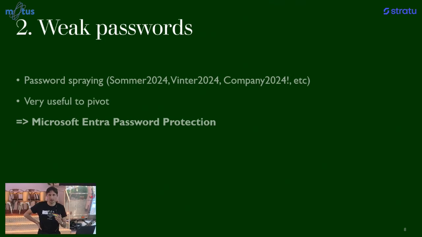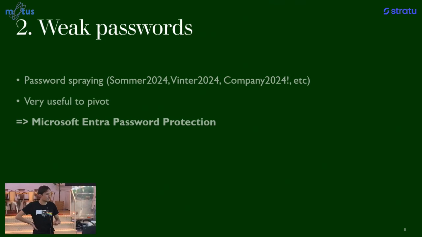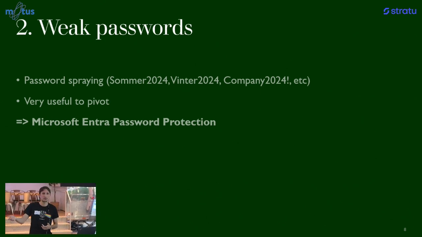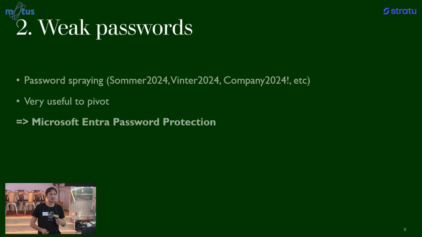One way to protect you from that, well, now it sounds like a Microsoft salesman, but it is a nice solution: Microsoft Entra ID password protection, which works for both Azure and on-prem solutions. Basically, it prevents users from using well-known passwords that are in a list. So, for instance, you might have a strong password policy, let's say 11 characters, uppercase, lowercase, special characters.